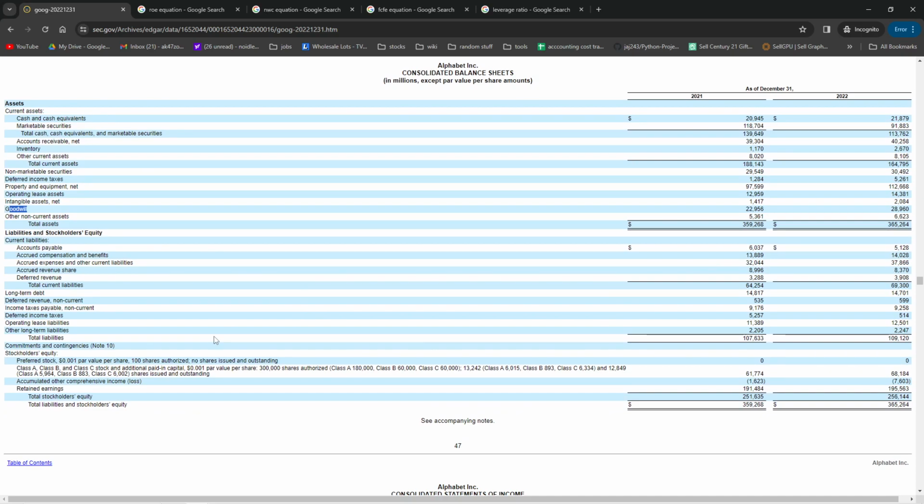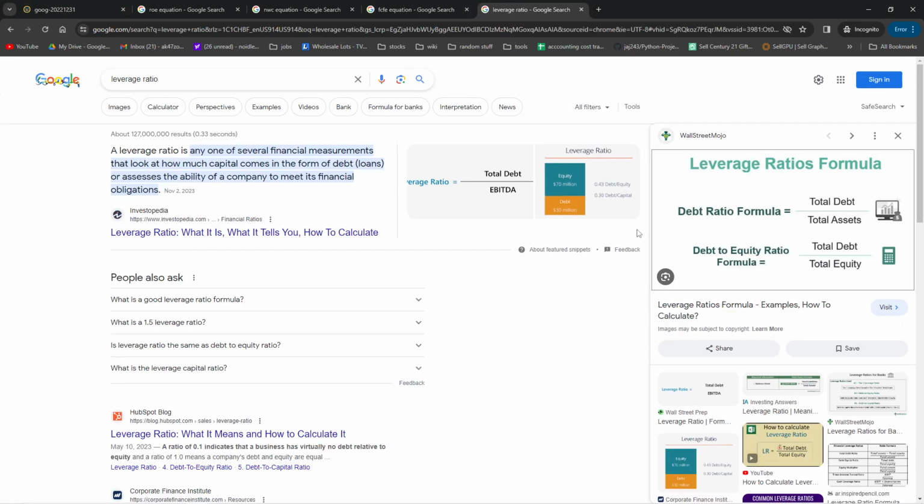The next main thing that I want to talk about is something called the leverage ratio. The leverage ratio is total debt divided by total assets. There is actually a better leverage ratio, which is assets over equity.